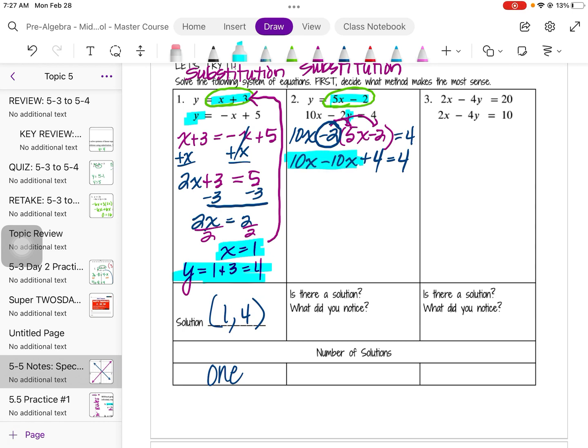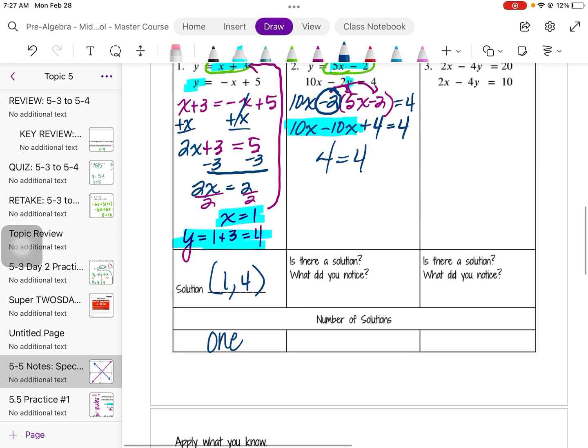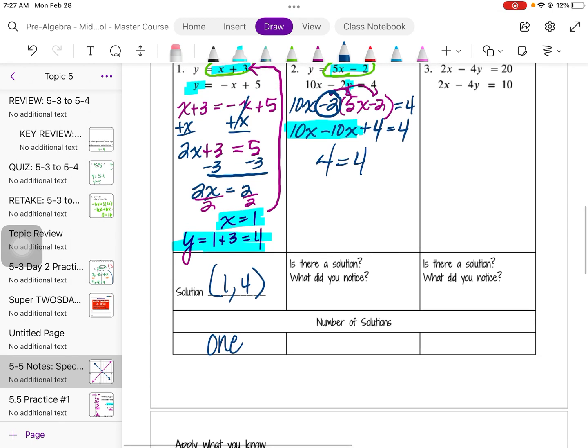So 10x minus 10x is just 0. That variable term drops out, and I have 4 equals 4. So what do you notice about this? Your variable term drops out, and you end up with the same number on both sides. This creates a true statement, which means that there are infinitely many solutions.